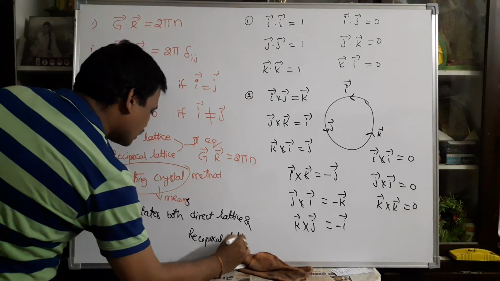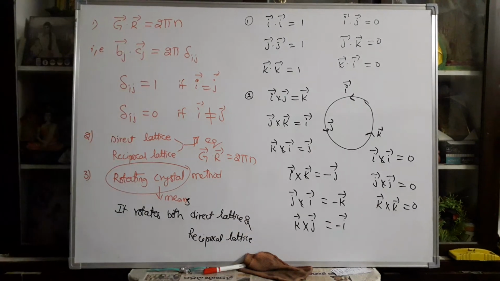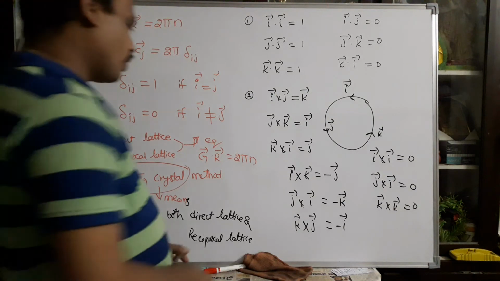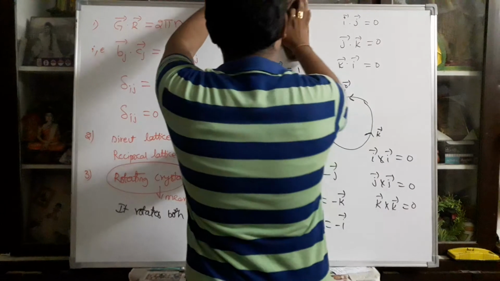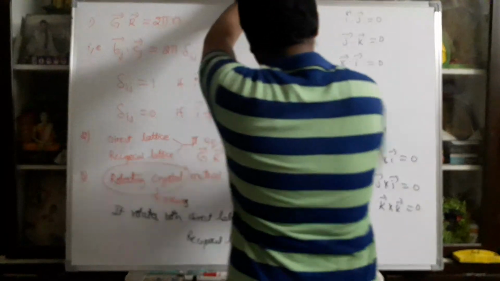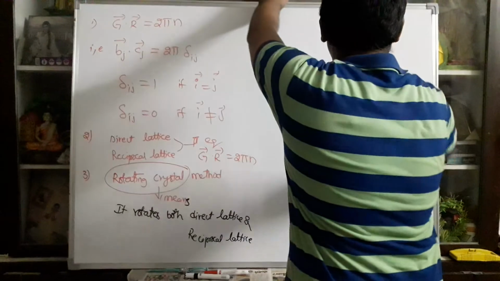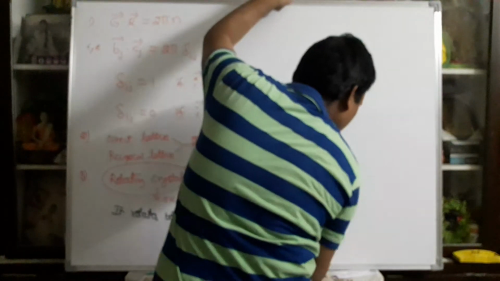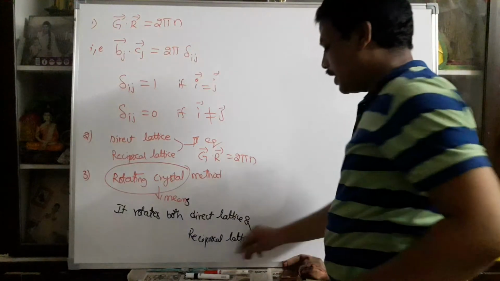So if the crystal is rotated, both the lattices are rotated. Not only a single lattice is rotated. The crystal lattice is rotated, and in a similar way, the reciprocal lattice is also rotated.